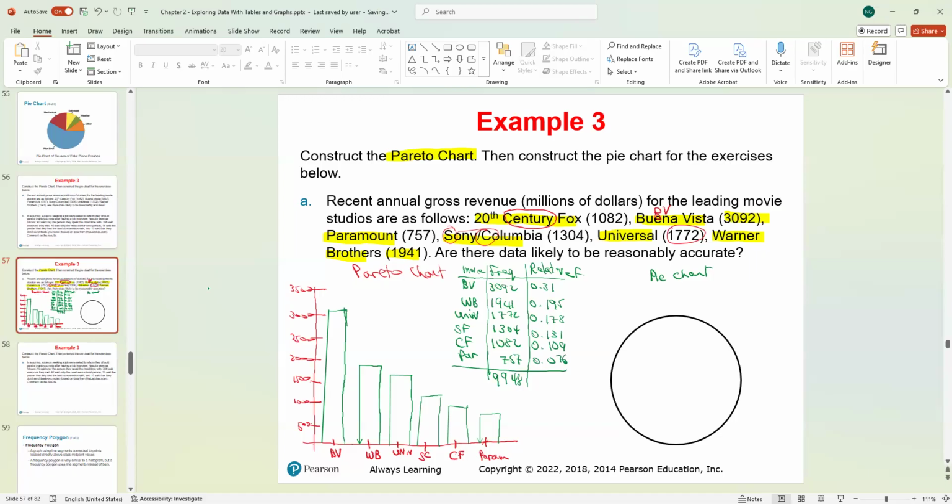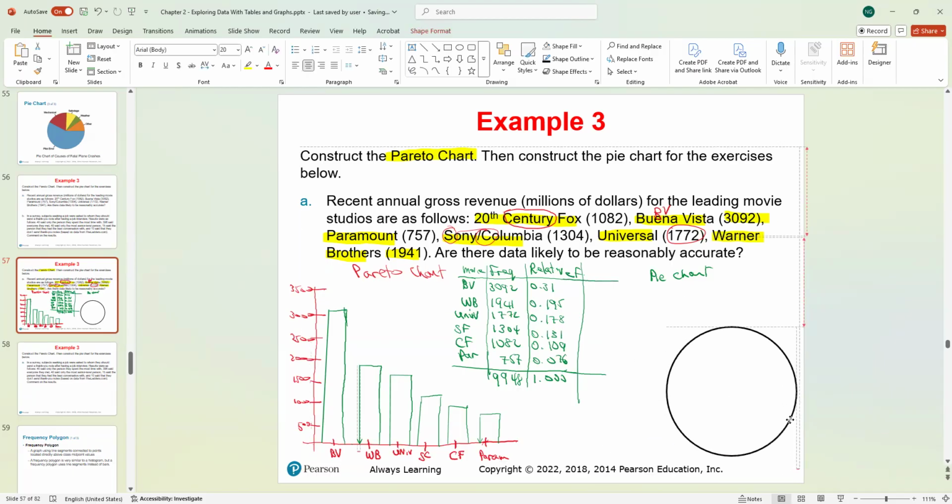Remember, the goal here is to make sure that we find one at the end, 100%. Maybe it's going to be a little bit off because of the decimals.